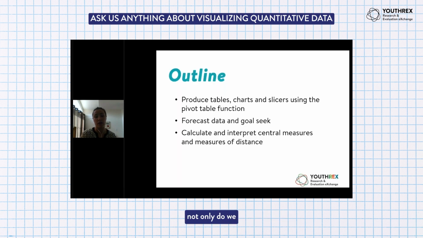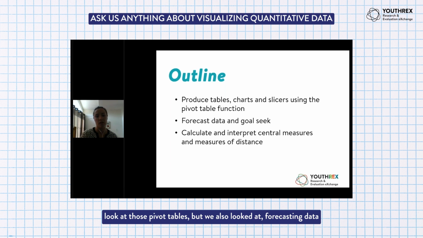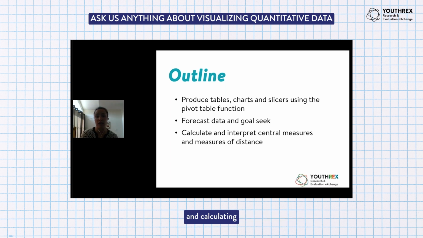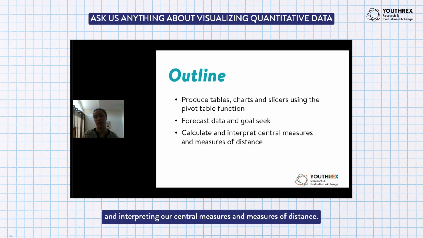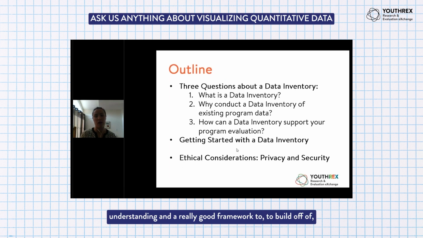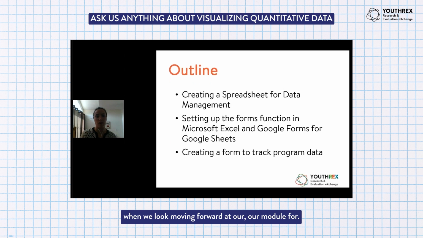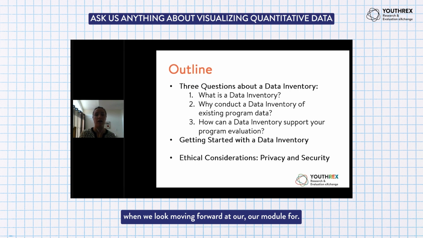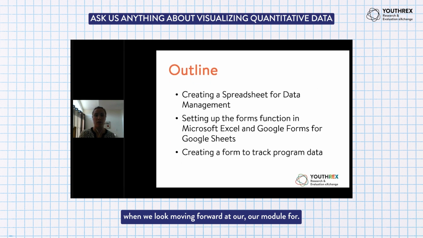So again, not only did we look at those pivot tables, but we also looked at forecasting data and calculating and interpreting our central measures and measures of distance. So hopefully you've been able to finish that content so far, which will allow us to have a really good understanding and a really good framework to build off of when we move forward to Module 4.